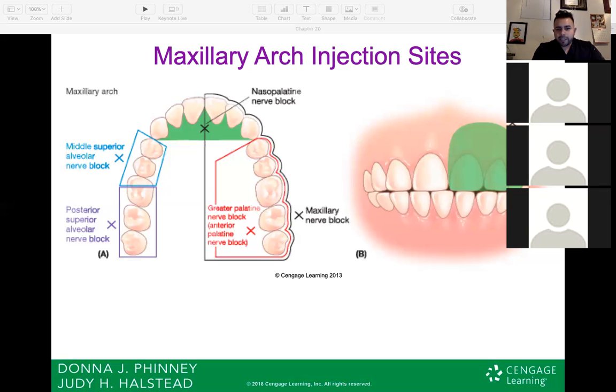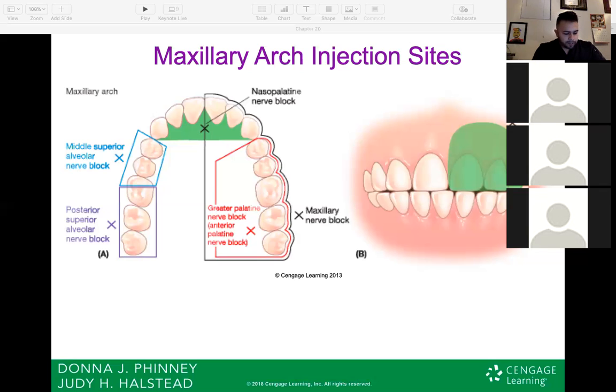That red section here where it says greater palatine nerve block, that numbs the hard palate and the soft tissue covering the hard palate from the distal of the canine and all those teeth posteriorly. So again, that is a nice one injection, knocks all these teeth out type of anesthetic, but it is on the roof of the mouth, which can be painful for your patient unless they're already numb there.